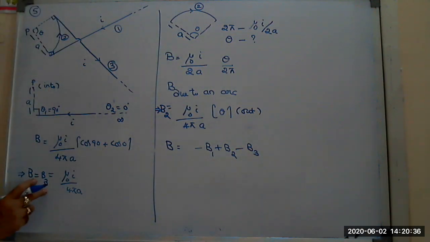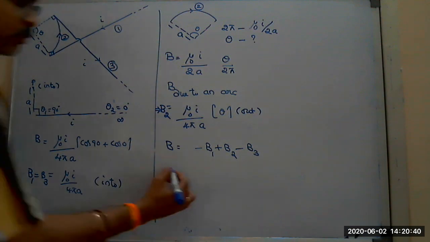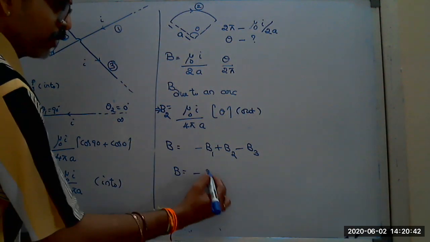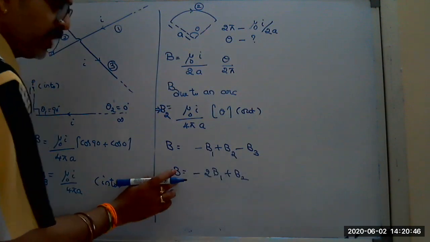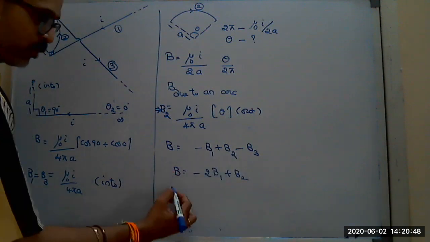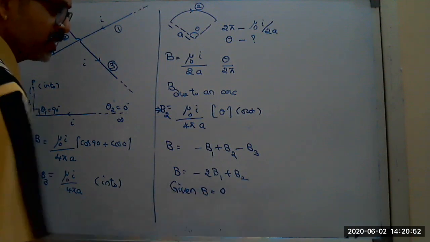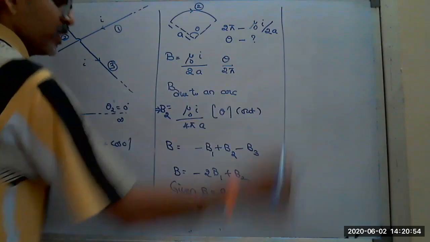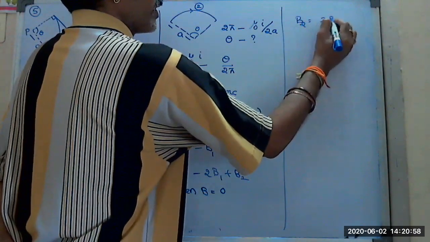Since B1 equals B3, net B is equal to minus 2B1 plus B2. But it is given that B at the center equals 0. This is the given information for us. So B2 is equal to 2B1.